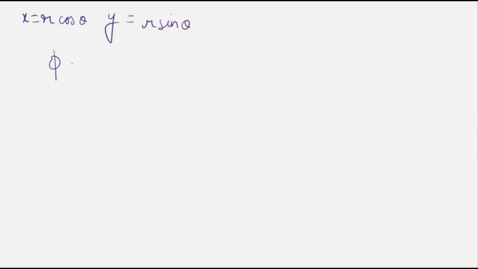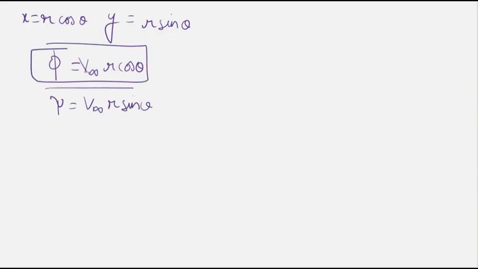Phi is equal to V infinity r cos theta and psi would be equal to V infinity r sin theta. So this is in terms of polar coordinates. Let us say this is our equation 8 and this would be our equation 9.